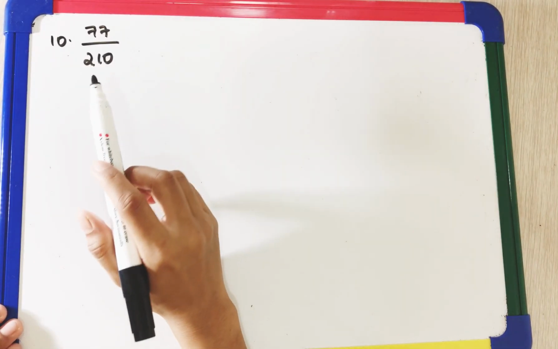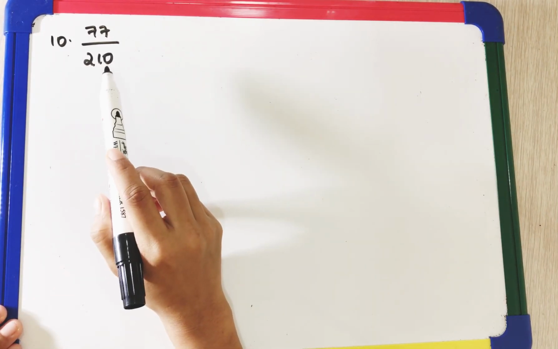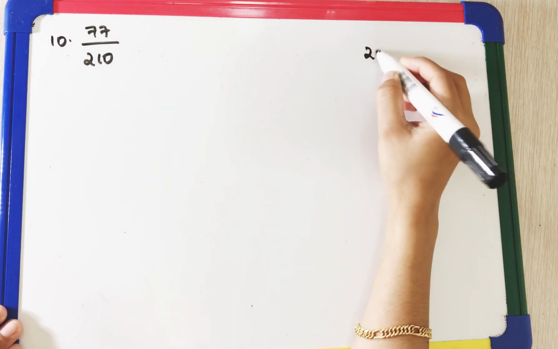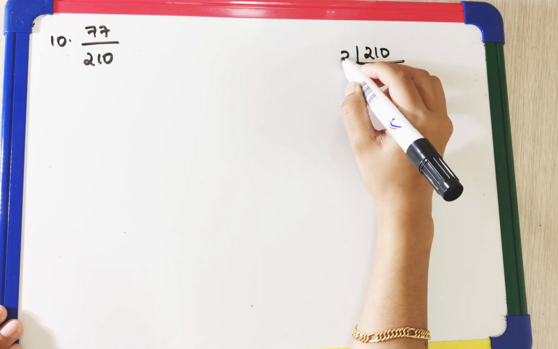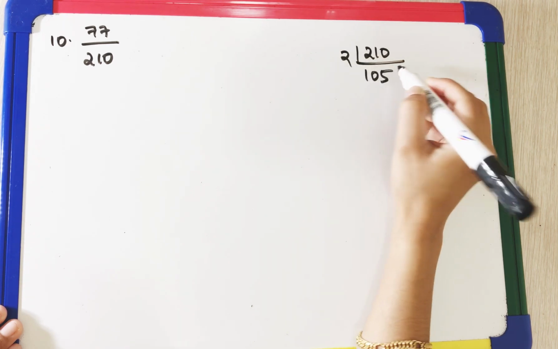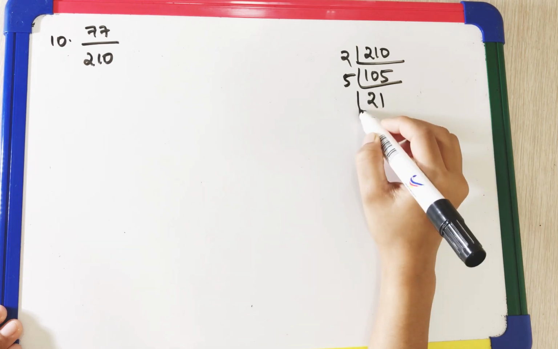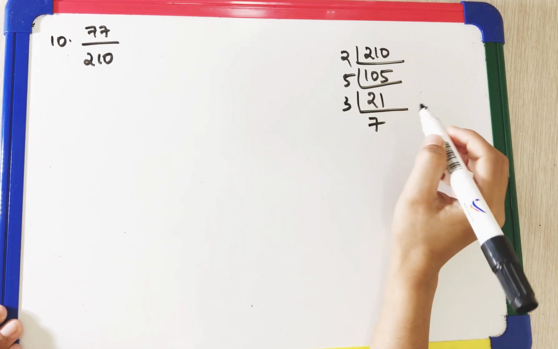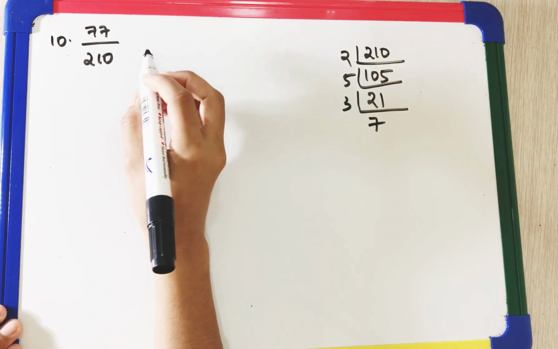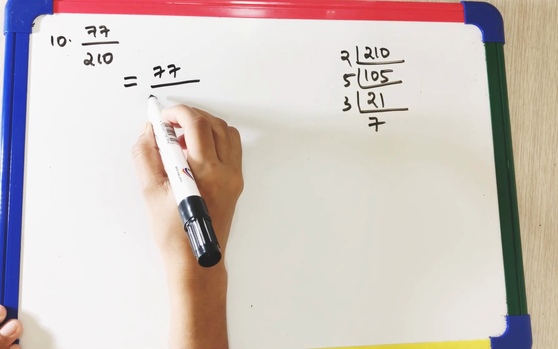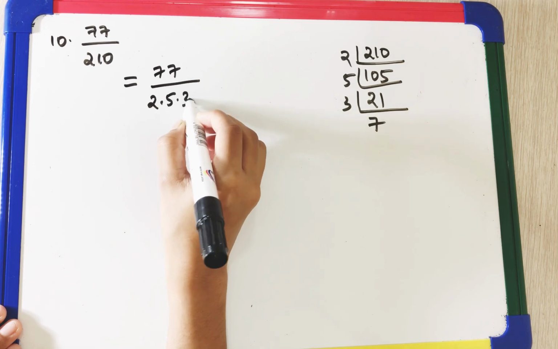And the last question here is 77 by 210. See the factorization of 210. 210 is 2, 105, 5, 21, 3, 7. Therefore, 77 by 210 can be written as 77 by 2 into 5 into 3 into 7.